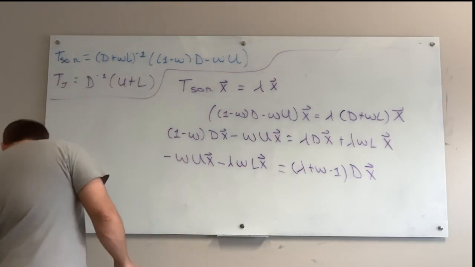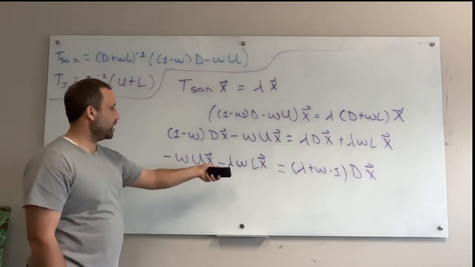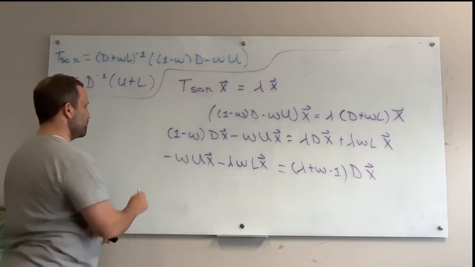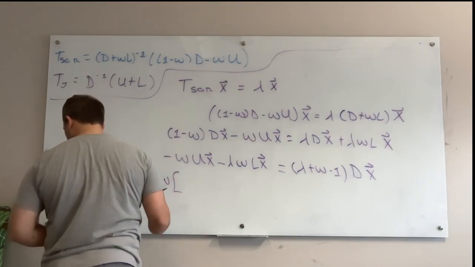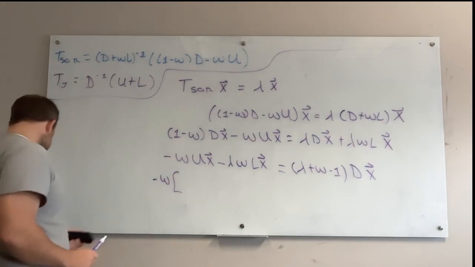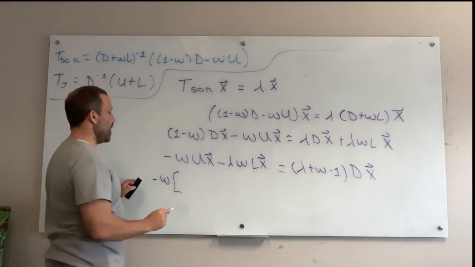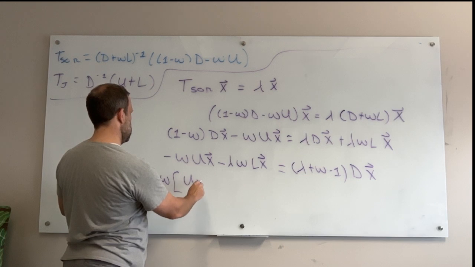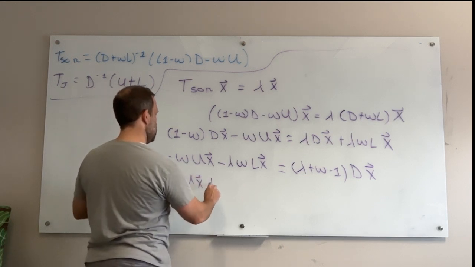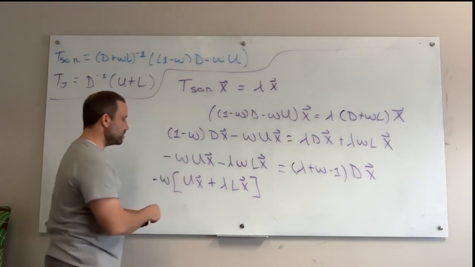Now, over here, notice that there is an omega in each one of these and a minus sign. So we're going to factor out a minus omega. Then we're going to have Ux plus lambda Lx.